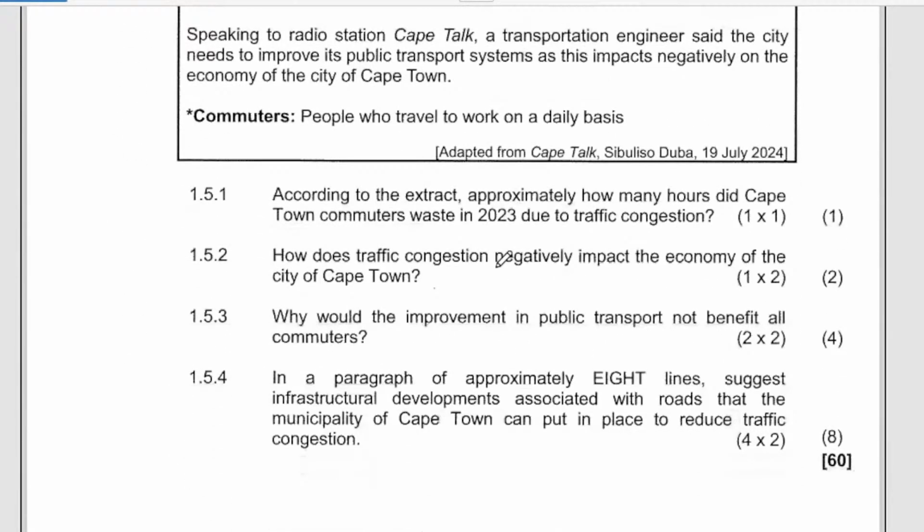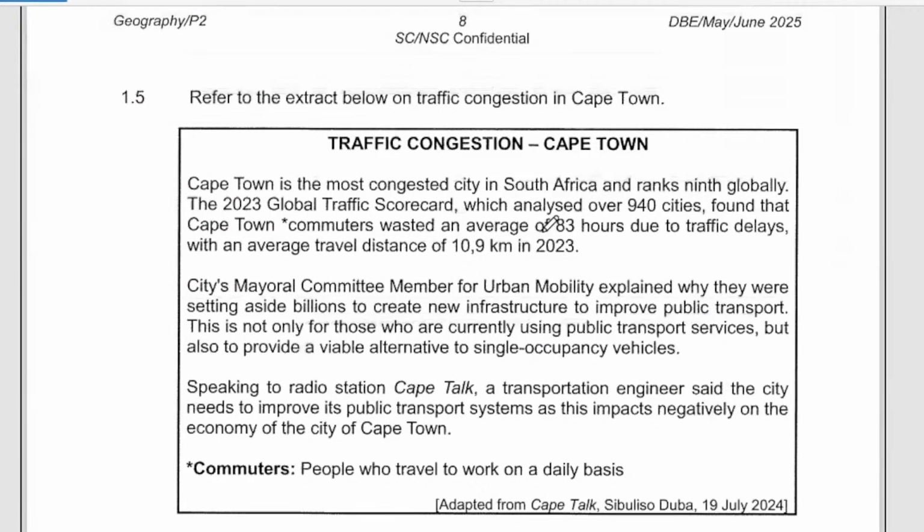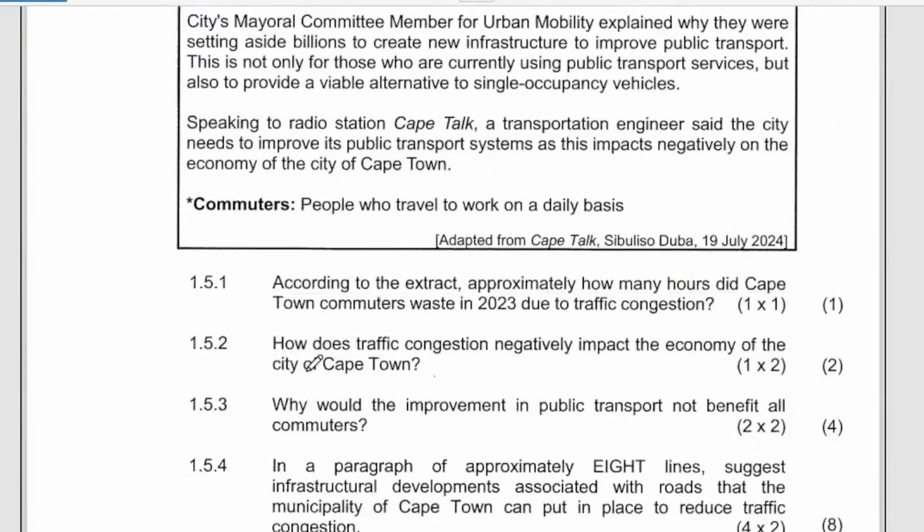According to the extract, approximately how many hours did Cape Town commuters waste in 2023 due to traffic congestion? We go to our extract. Wasted an average of 83 hours. Our response is here. Then, how does traffic congestion negatively impact on the economy of Cape Town?